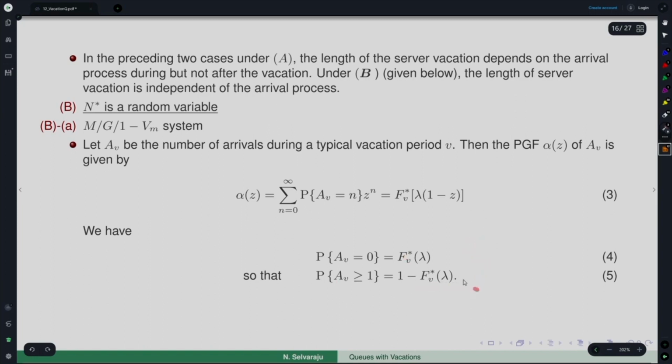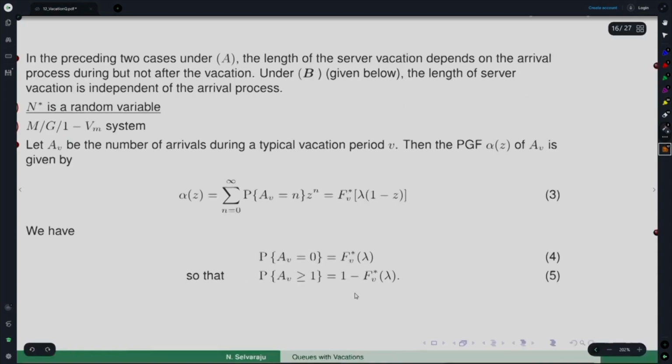These are quantities we are going to use. We are specifically writing it in terms of these two probabilities: that there is 0 arrival during a vacation period, and that there is at least 1 arrival during a vacation period. That is given as FV star of lambda and 1 minus FV star of lambda.